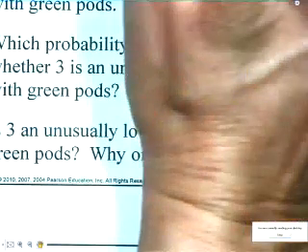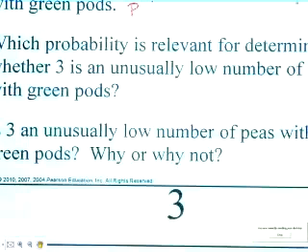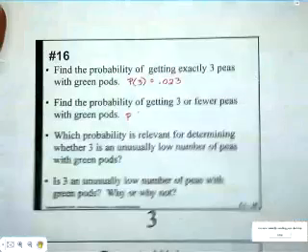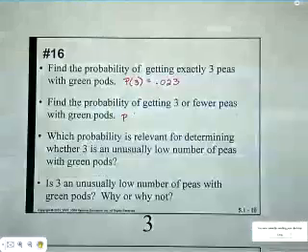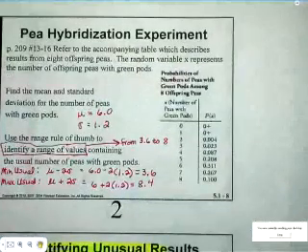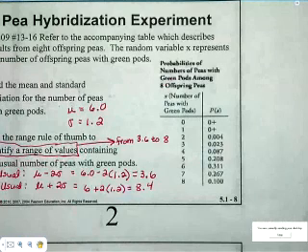Now, how are we going to find the probability of 3 or fewer? Add up the probability for 0, 1, 2, or 3. That's what 3 or fewer means. If you add up these 4 numbers, you get 0.027.